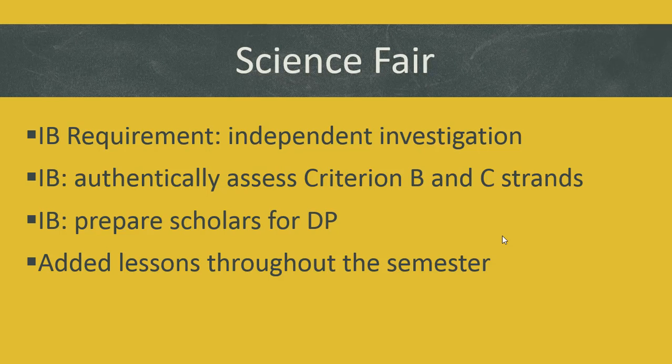Science fair is a way to authentically assess criterion B and C. Science fair in middle school will also help prepare scholars for the diploma program. In the diploma program, they have to create their own independent project, and science fair is a good stepping stone to get them ready for that independent project.